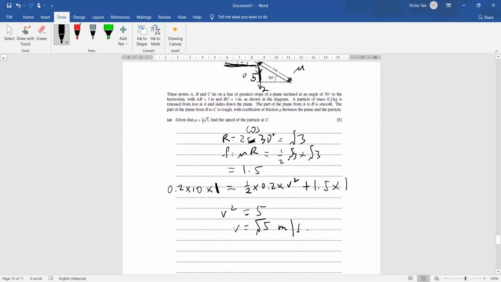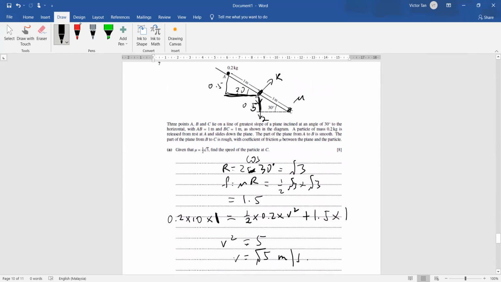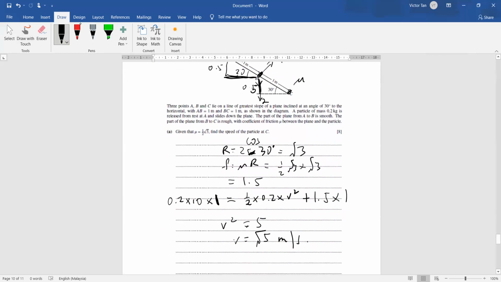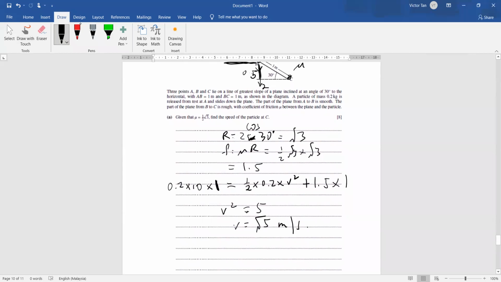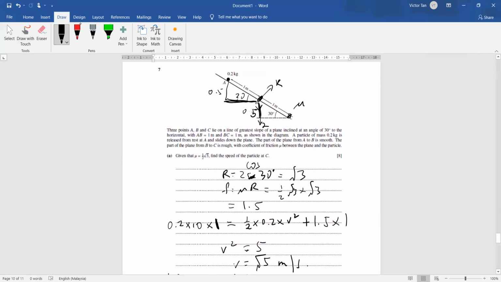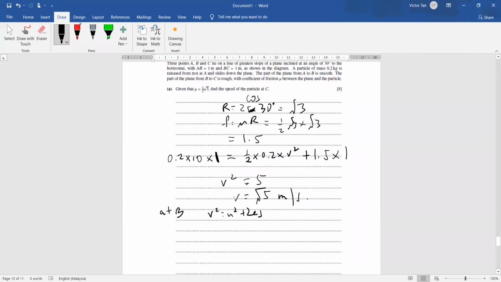Let's work it out another way instead of using energy. Let's say at B, v squared equals u squared plus 2as. So it is 10 sine 30, the acceleration is 5.